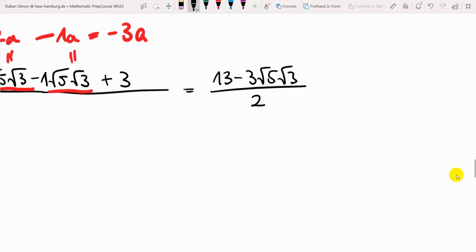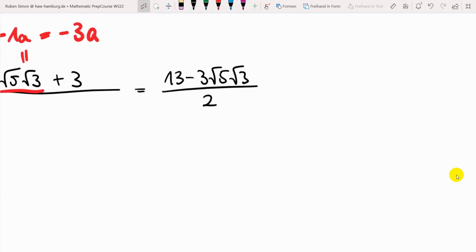Simplify. Yes. How could we simplify it? 13 divided by 2. Yes, you could split up the fraction or the sum in the numerator into 13 divided by 2 minus 3 over 2 times root 5 root 3. Yeah, could do as well.